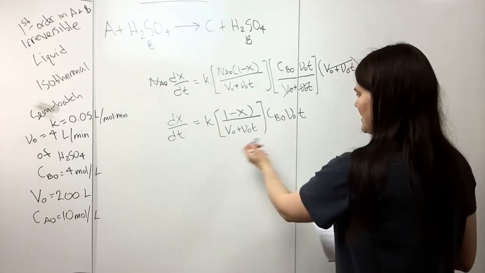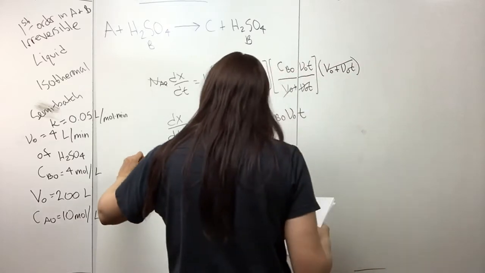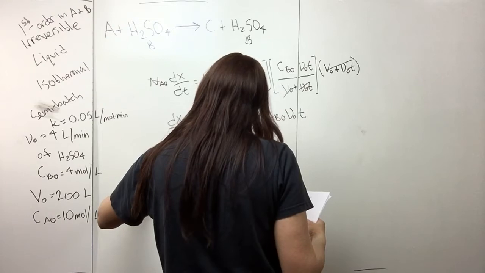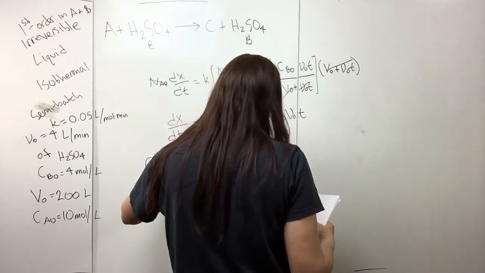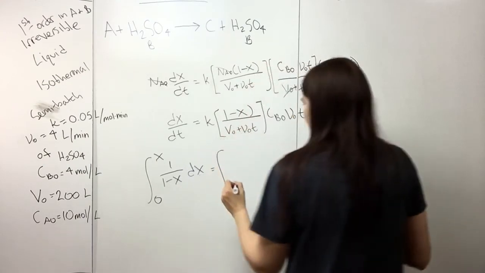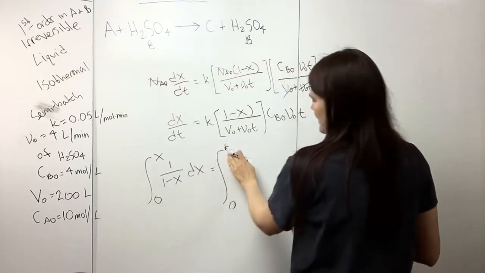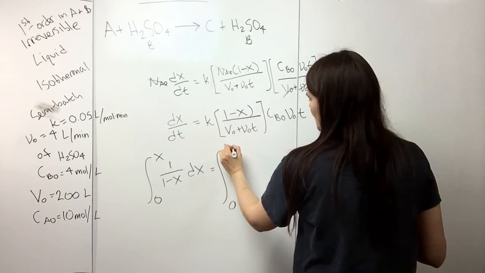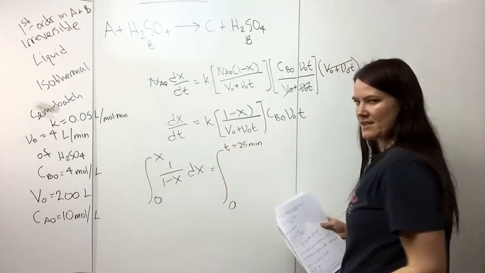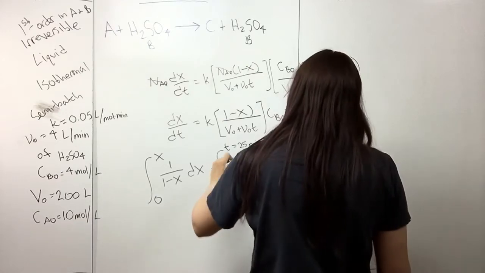And so then we can separate and integrate. If we do that, we get the integral from 0 to x of 1 over 1 minus x dx is equal to, and in this case it's 0 to time, but it told us the time was 25 minutes, so we can just plug that right into the limit.